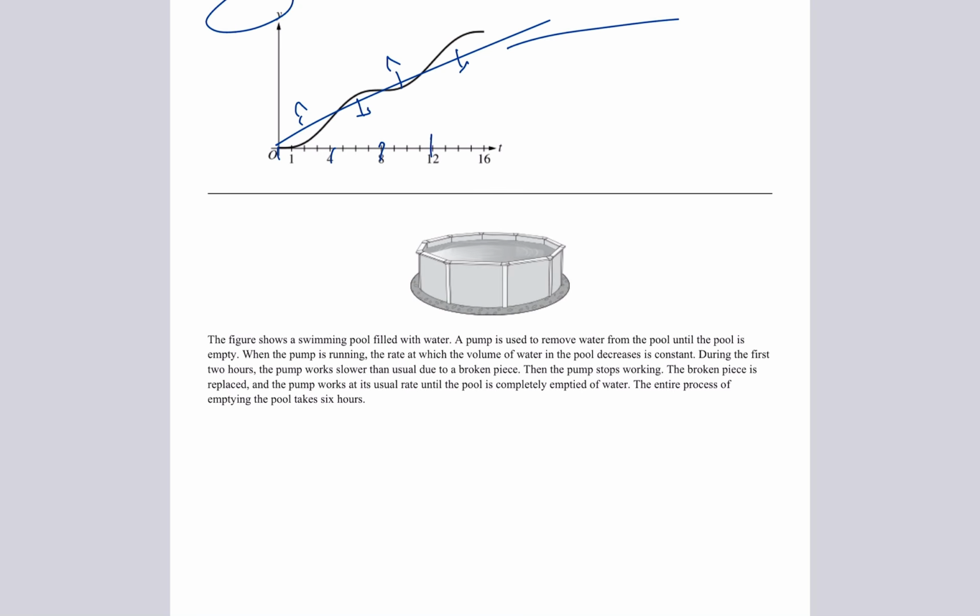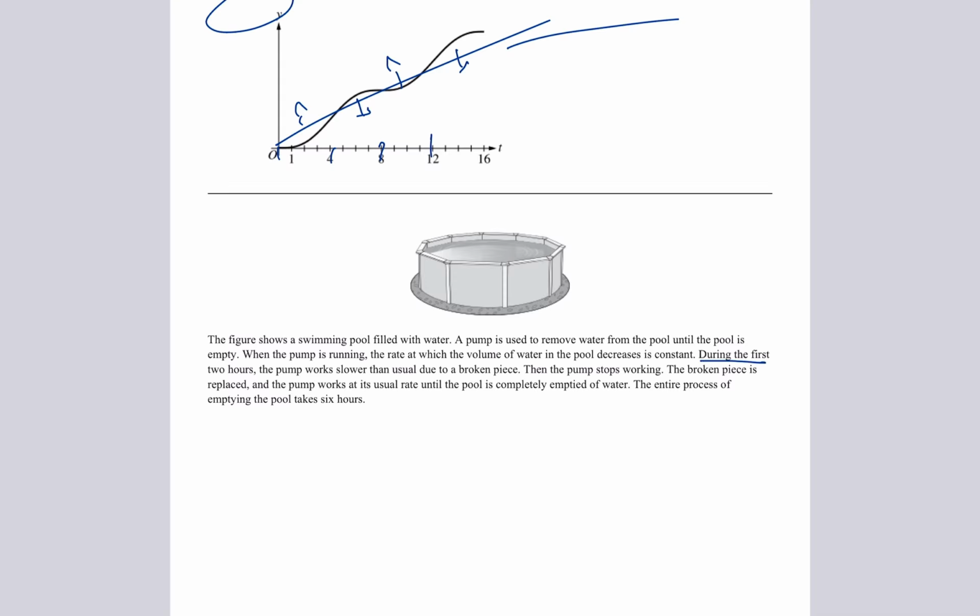When the pump is running, the rate at which the volume of water in the pool decreases is constant. Okay, so what are they doing? In this case, they're filling up the swimming pool. And yeah, they did mention a really important point, that the rate at which the volume of water in the pool is decreasing at some point.